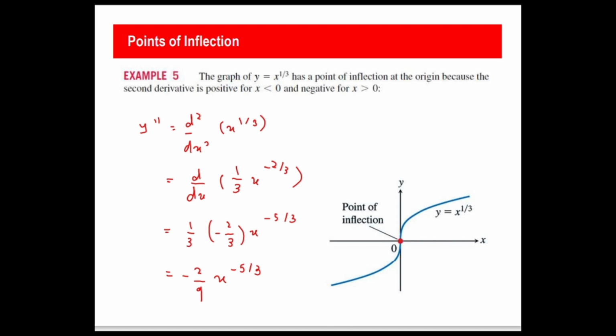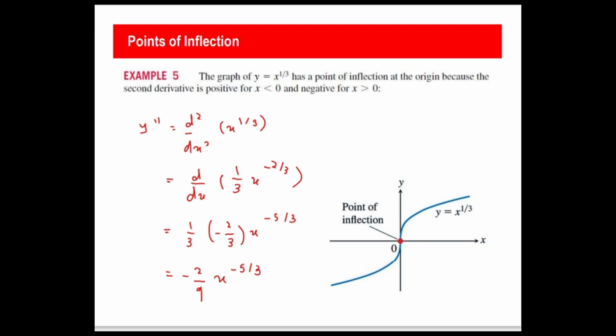Okay. However, both y prime and y double prime fail to exist at x equal to 0. If you plug in the values, of course, we have this at the denominator, so it fails to exist. And there is a vertical tangent.